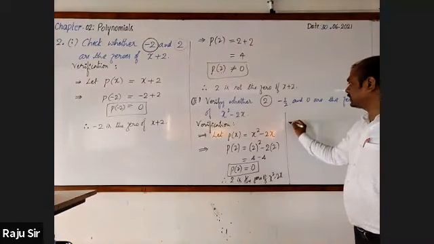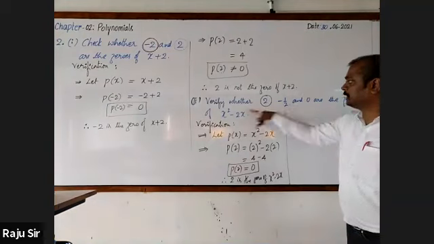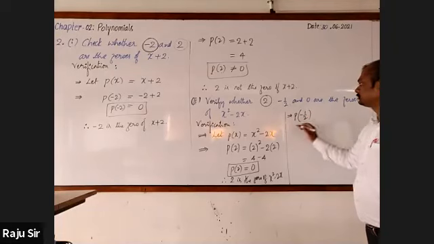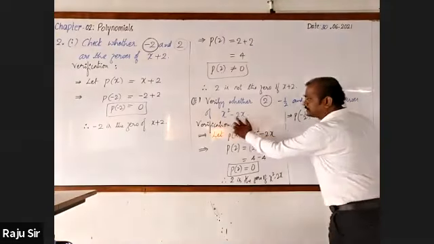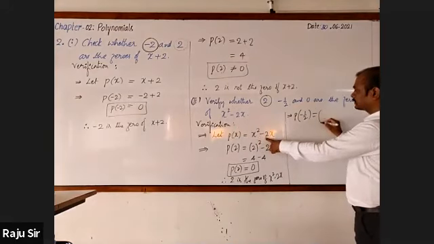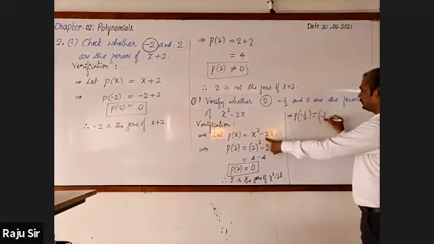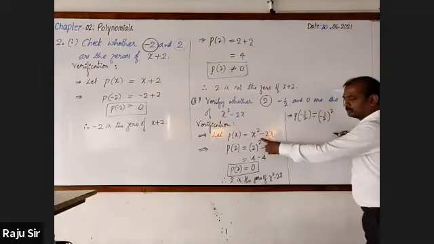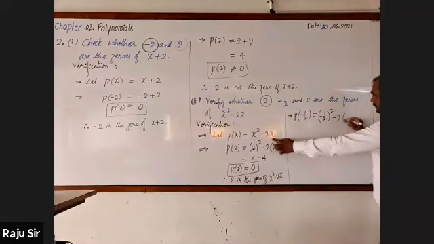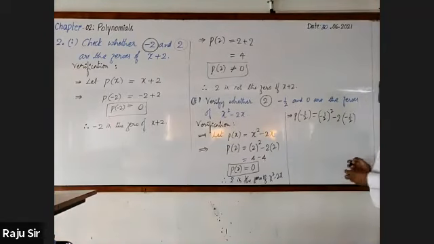Now let us check by taking minus 1 by 2 in place of x. P of minus 1 by 2 is equal to x square minus 2x, where x is minus 1 by 2. So minus 1 by 2 whole square, minus 2 into minus 1 by 2.